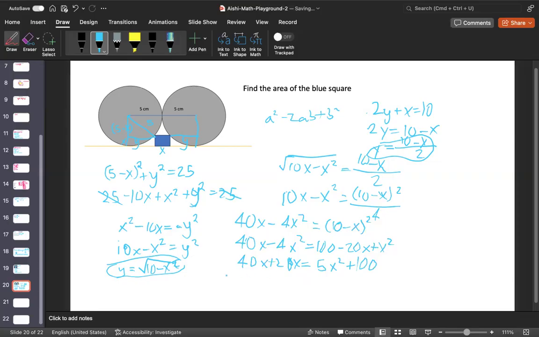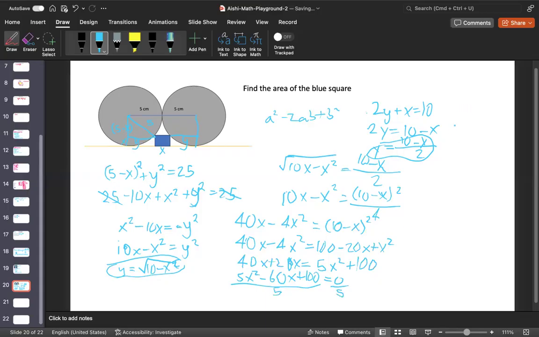We have 5x squared minus 60x plus 100 is equal to 0. Now let's divide by 5 on both sides to simplify this.